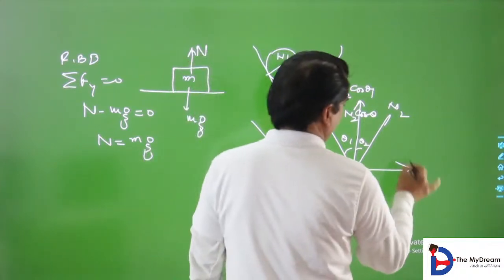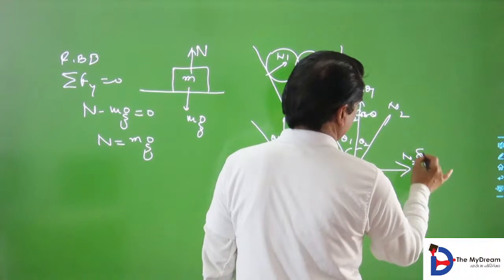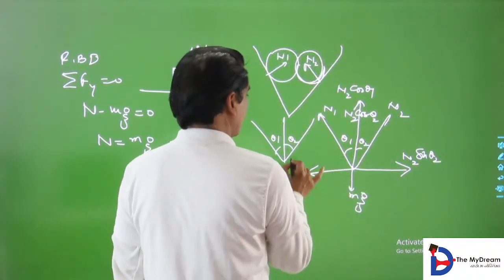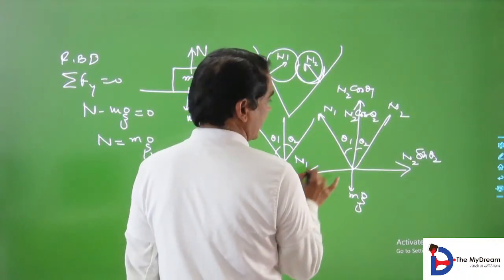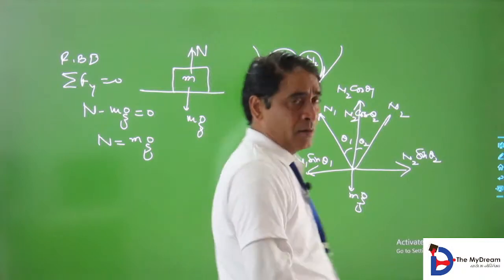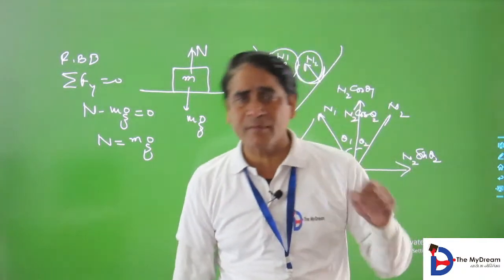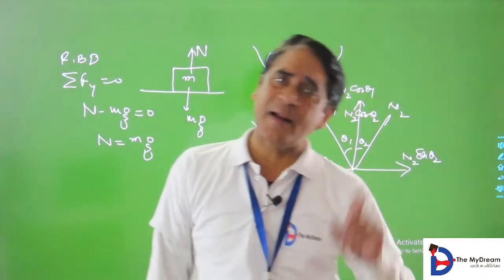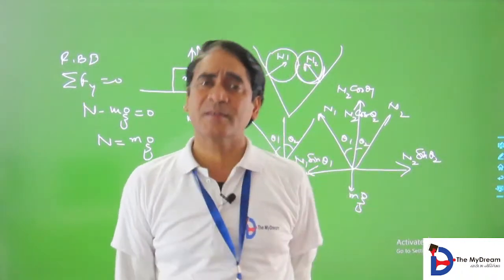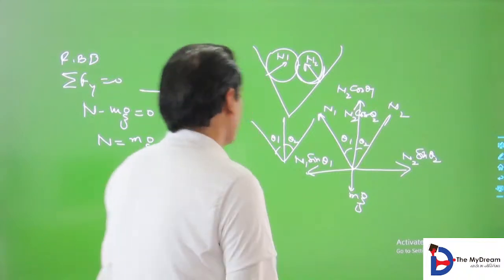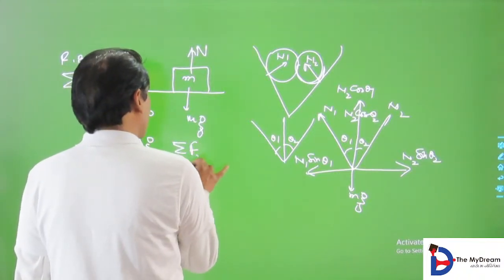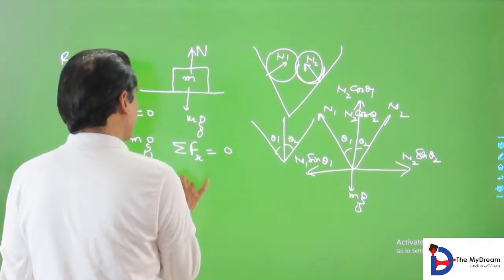Here N2 sin theta 2, here N1 sin theta 1. There is no horizontal as well as vertical displacement. The net force on either the x-axis or the y-axis can be calculated. So the summation of the forces is given by this.